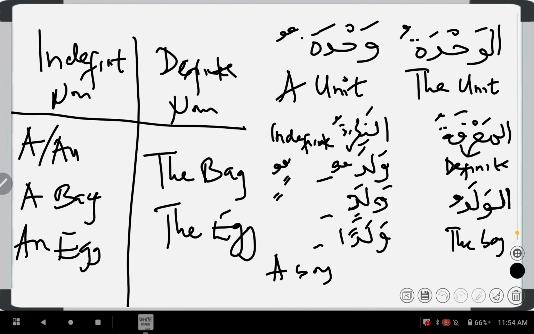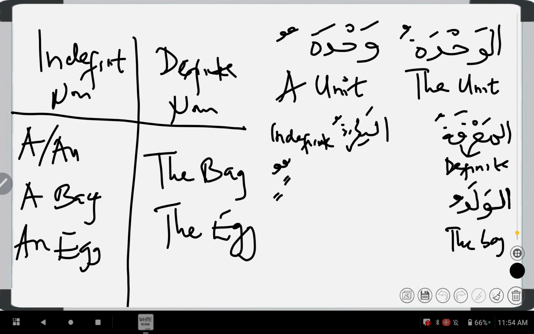So let me bring my examples on definite and indefinite, nakira and ma'rifa, in the Arabic language. Let's have al-waladu.